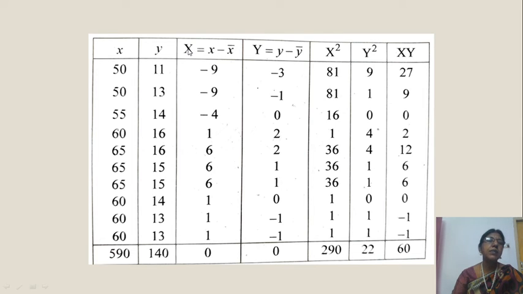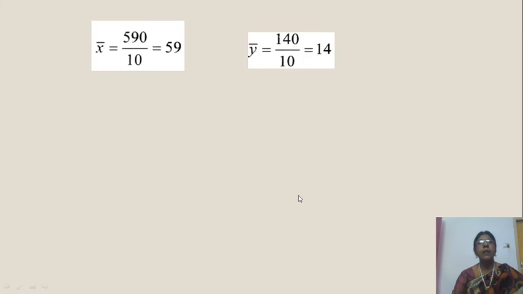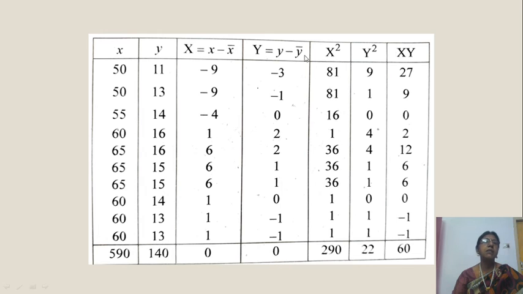What is the first capital X? 50 minus 59 is minus 9. The third one, 55 minus 59 is minus 4, like that. Here also y minus y bar. Find y bar, and you get all the capital Y's. Y bar is 14. So in the table, y minus y bar means y minus 14, fixed.